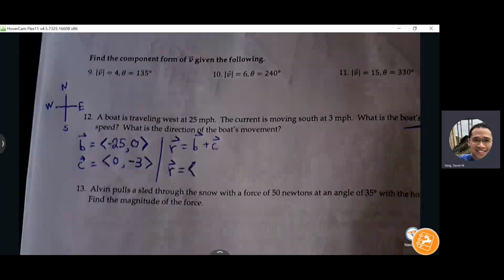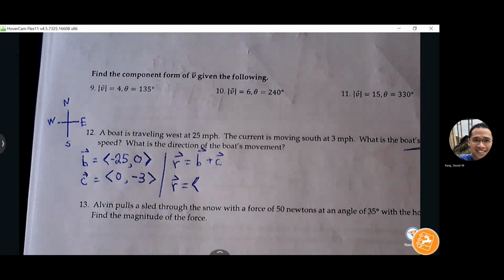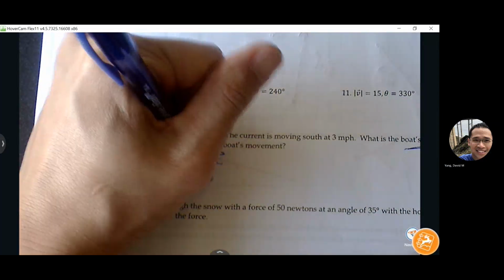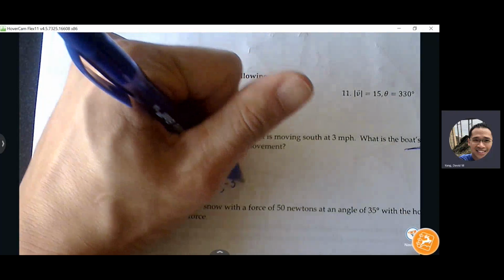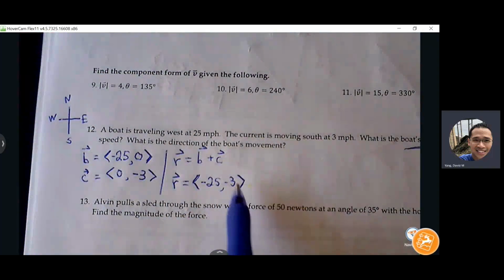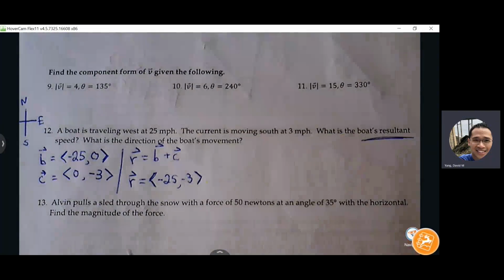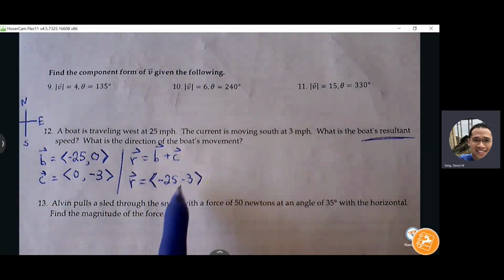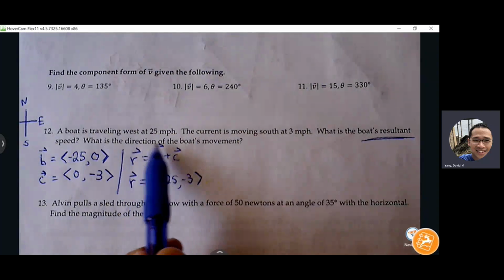So what's my resultant vector? Yeah. So either I draw this out or I can just use my formulas to figure out exactly what the speed is, or Pythagorean theorem, hypotenuse, and then the direction.